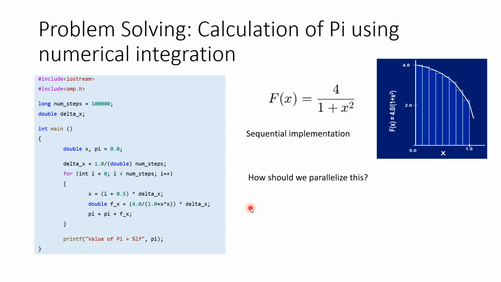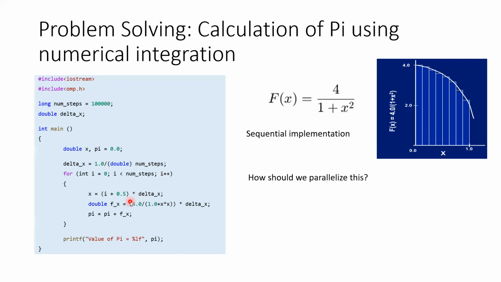Okay. So if you understood the problem, how can we parallelize it? We are just calculating the area of rectangles, and we have some n number of such rectangles, the number of steps.